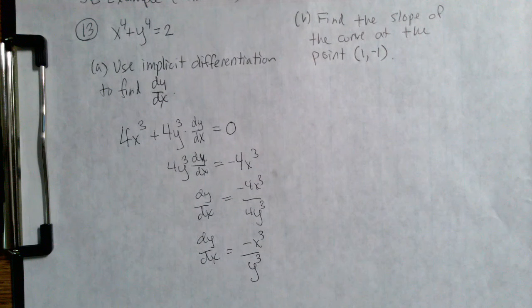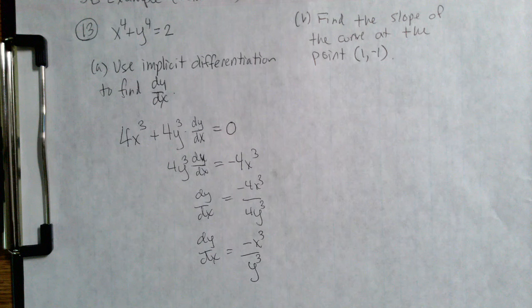Notice our answer here includes both x and y, which is unusual. We haven't run into that before when taking derivatives, because we ordinarily have y as the dependent variable and x as the independent variable. We take the derivative and we get the derivative of y simply in terms of x.